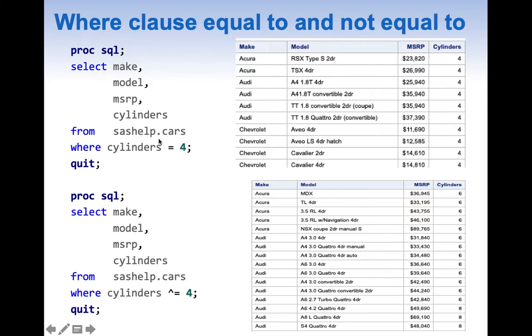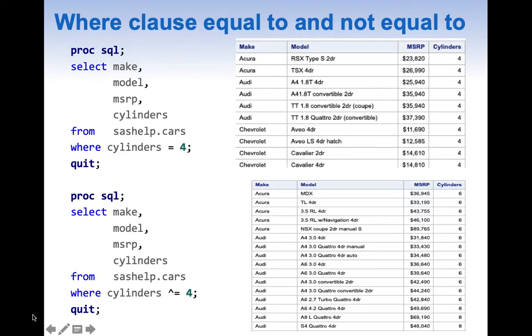This will give me all those rows which have cylinders equal to 4. You can see from the results that we have got all the rows with cylinders equal to 4. This is the partial result. I did not keep the complete result because the space will not be enough.